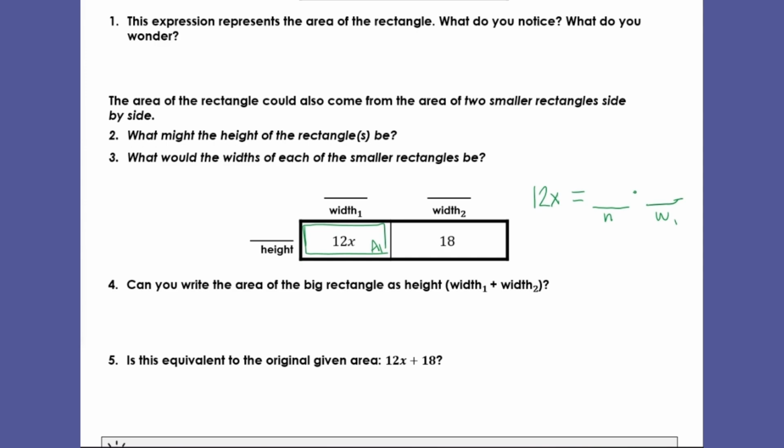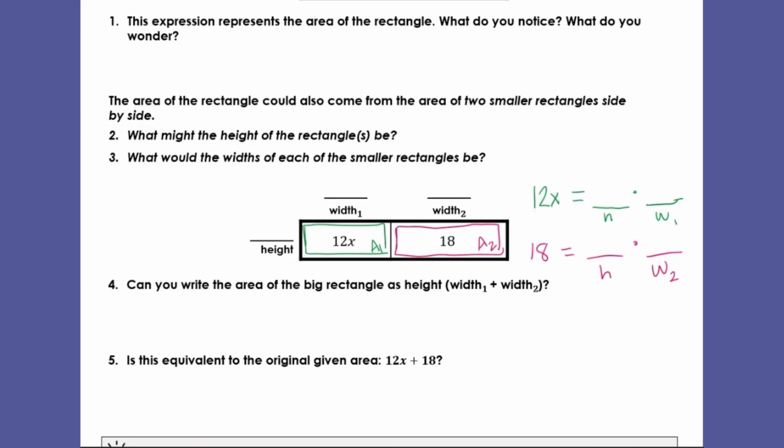The second rectangle has an area of 18. So 18 equals a shared height times an unknown width. So this is area 2.